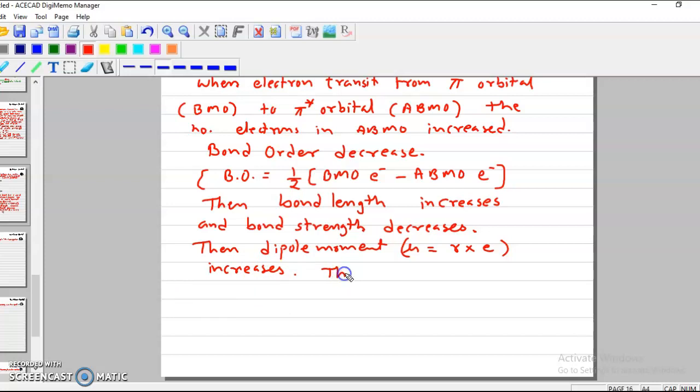Thus the polarity of the pi star state increases.